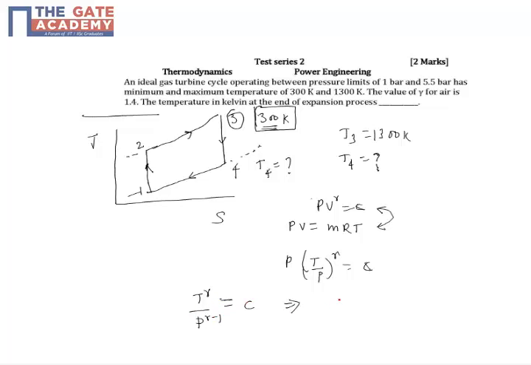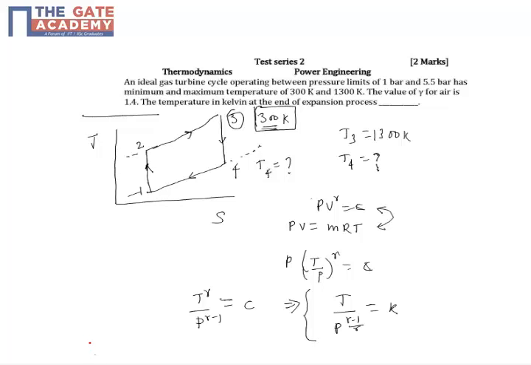The other way of saying it is that when I take T by P power gamma minus 1 by gamma, because if I take the root on both sides, that becomes a constant. So this equation, T by P power gamma minus 1 by gamma, is constant between this isentropic process.